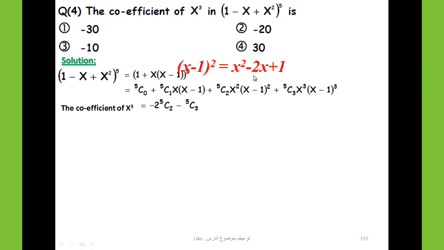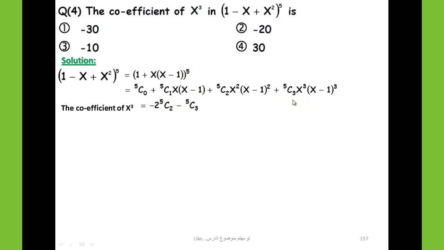The middle term in the expansion of (x minus 1) squared is negative 2x. Negative 2x multiplied by x squared equals negative 2x power 3, multiplied by 5c2, so the coefficient will be negative 2 times 5c2, minus 5c3.